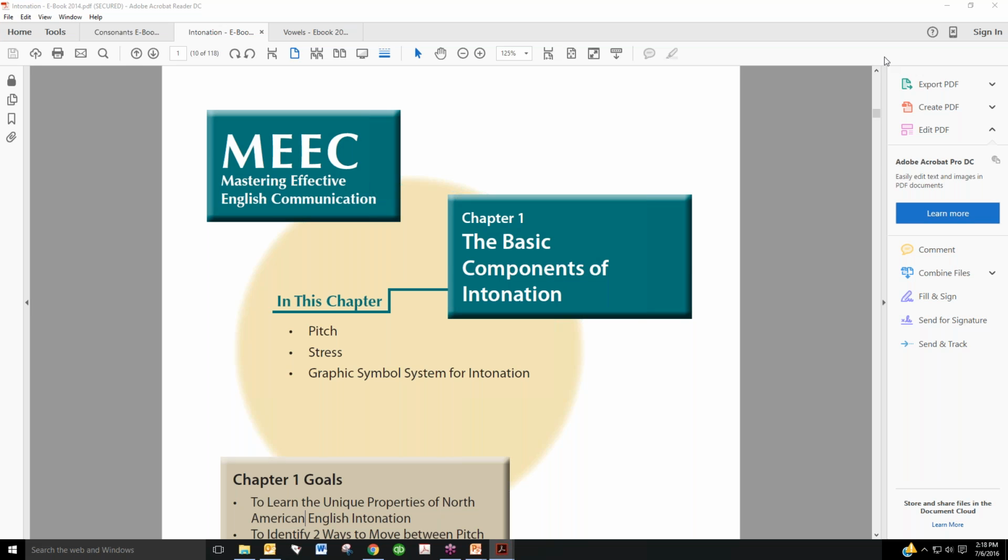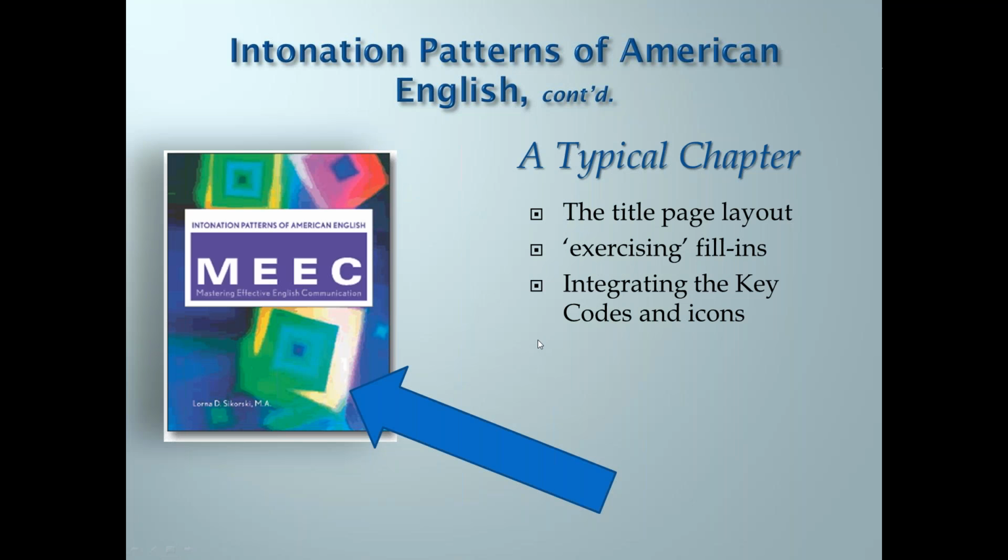I think that would be a smart way to go next. So I'm going to take a look at these issues from the standpoint, again, still of the intonation book, and let's poke around in there and open a chapter and see what we can discover about the layout and design.